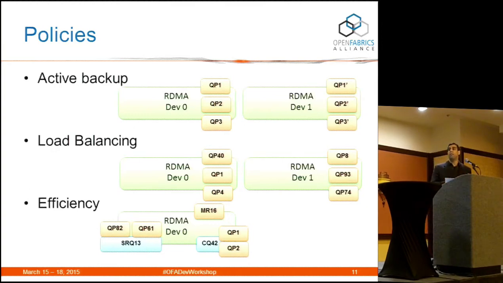If I have 2 cards, I would like to shape the traffic to gain some load balancing. And the third bullet is efficiency, where I'm actually understanding the application and the application constraints, and if an application is using a shared receive queue or completion queue, I will want to create the QPs in the same device in order to have a one-to-one call with the application. Of course, I can do a mix and match with other devices over a different fabric, but then I will lose performance.